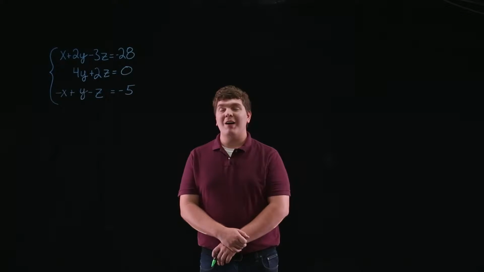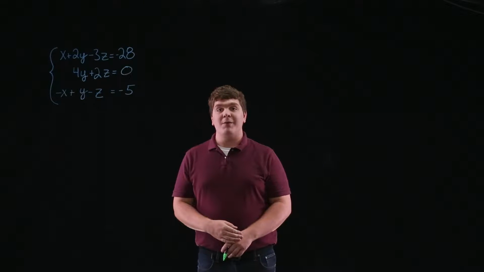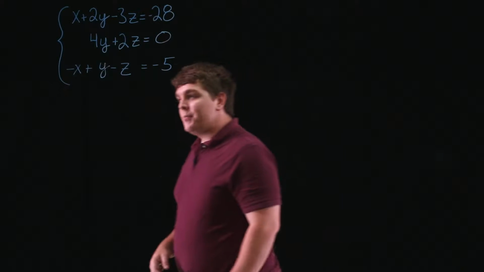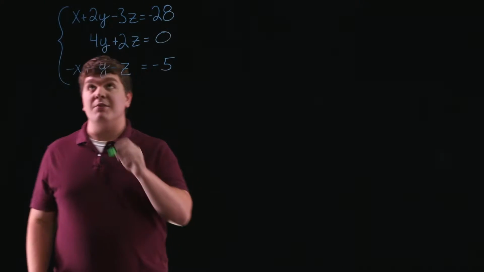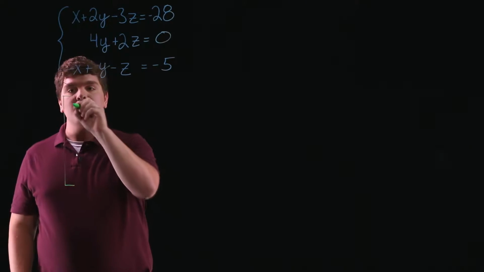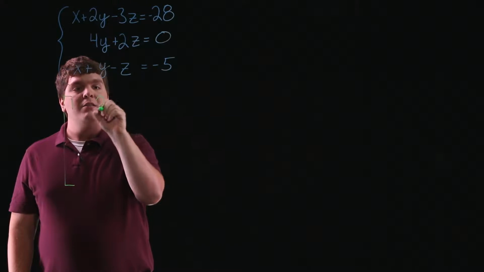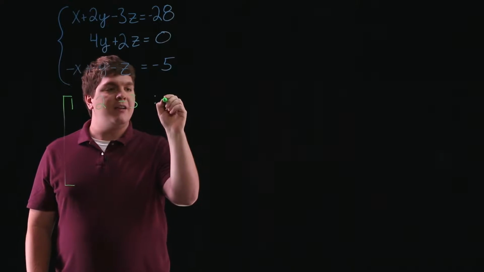For this problem, we're asked to use Gaussian elimination and back substitution to solve this system of equations. So let's begin by first rewriting the system of equations as an augmented matrix. We can write this as a matrix with our first row being 1, 2, -3, and -28.